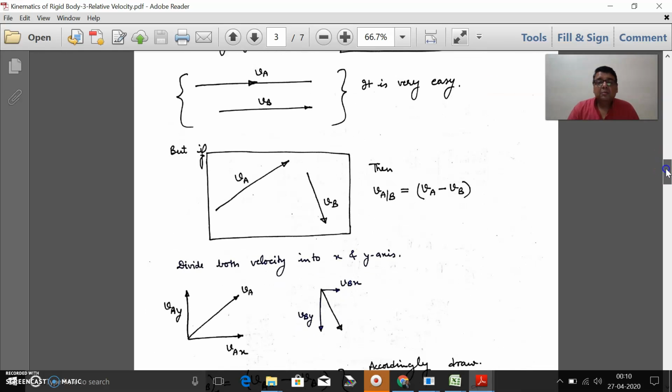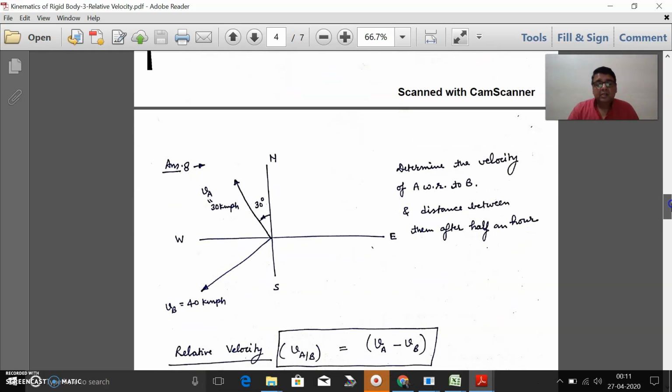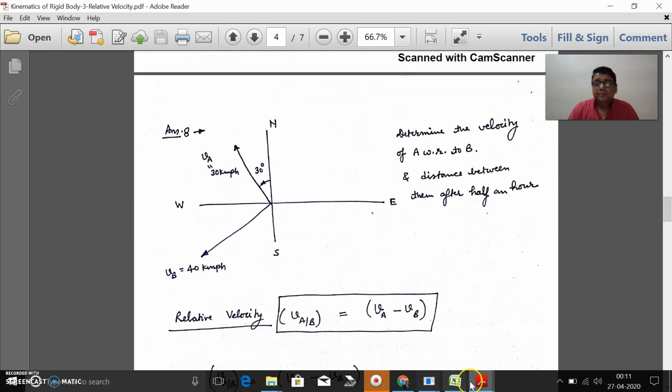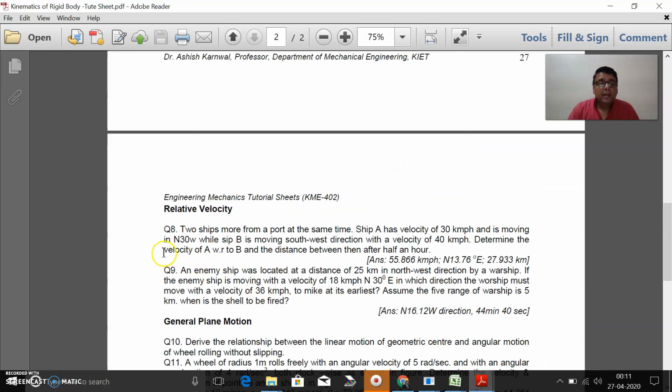Okay, let us come to some small numericals. Let us first study the numerical. So question number 8: two ships move from a port at the same time.